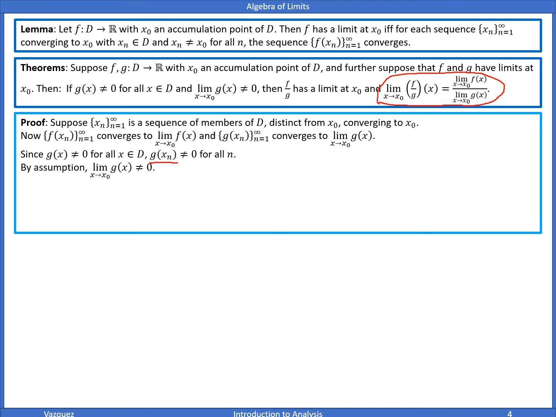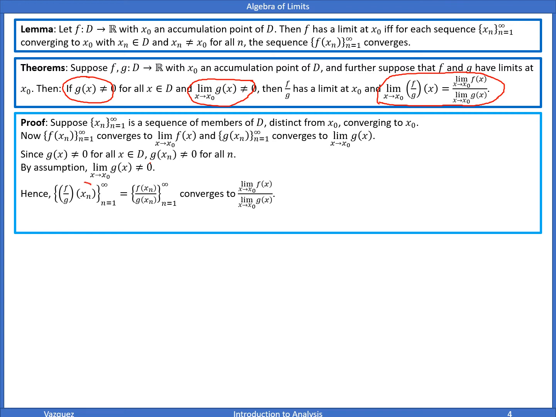By assumption, again, this assumption is up here, g of x is not equal to 0, and the limit, this assumption is here, is not equal to 0. Therefore, what can we do?